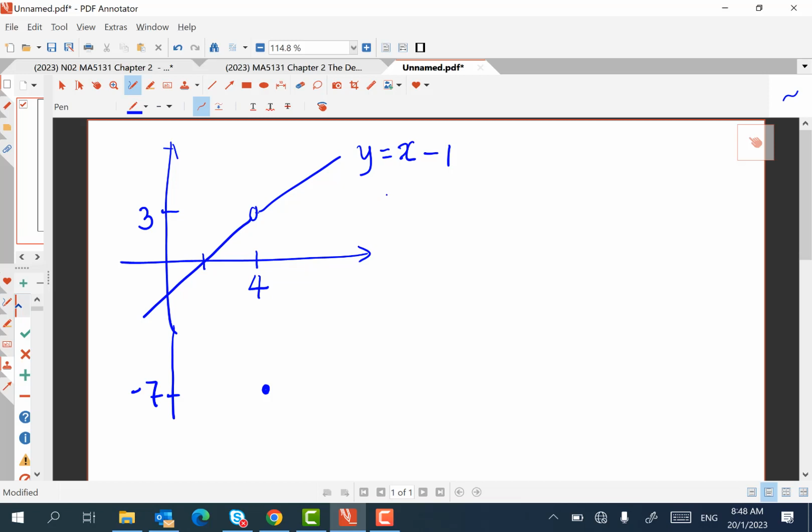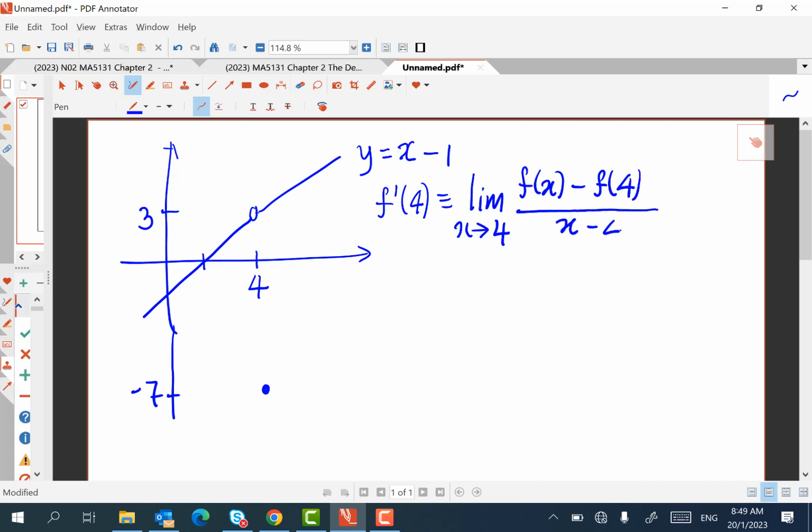So to find the derivative at x equals 4, by definition it is the limit as x goes towards 4 of f of x minus f of 4, over x minus 4. This is the definition, you know. So there's going to be the limit.